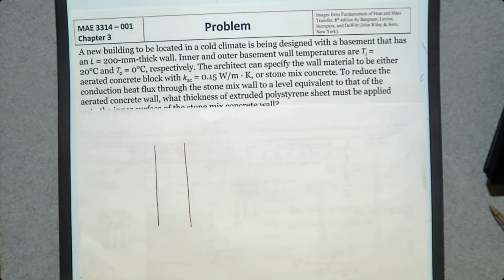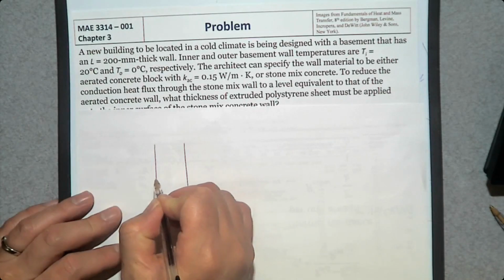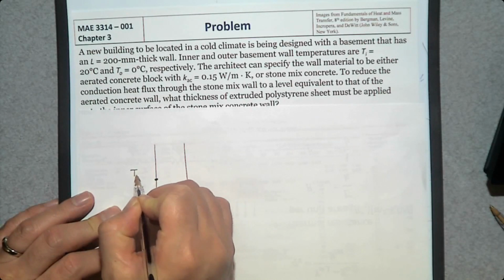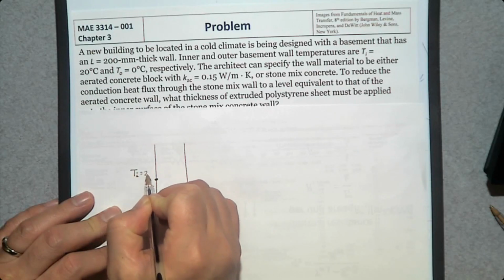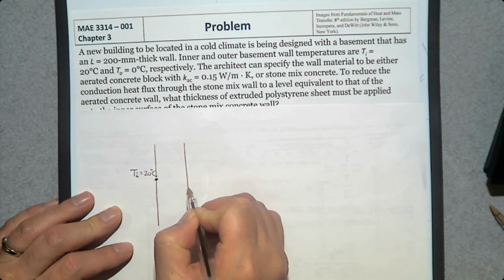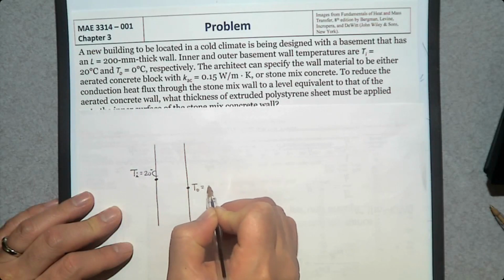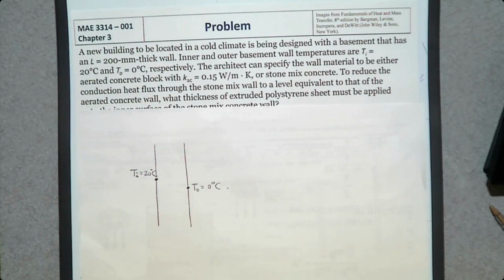And the inner and outer wall temperatures are 20 and 0 degrees Celsius. So this is the inner wall temperature, Ti, is 20 degrees Celsius. And outside, To is going to be 0 degrees Celsius.